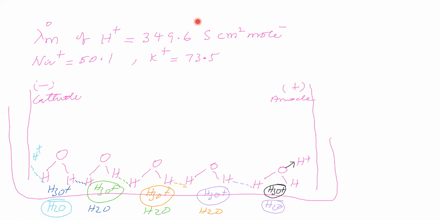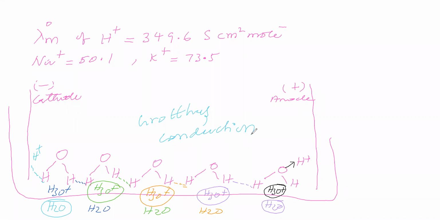This is called Grotthuss conduction. So Grotthuss conduction means conduction through hydrogen bonding. Lambda m naught of H plus is much high. Why?